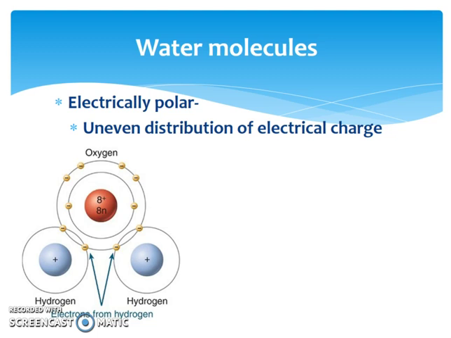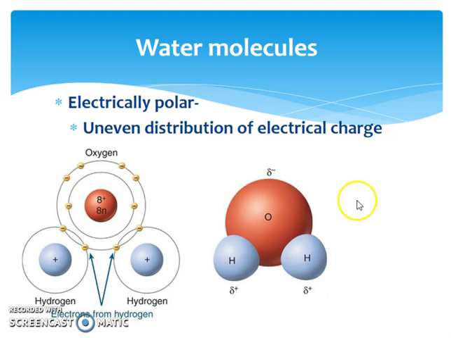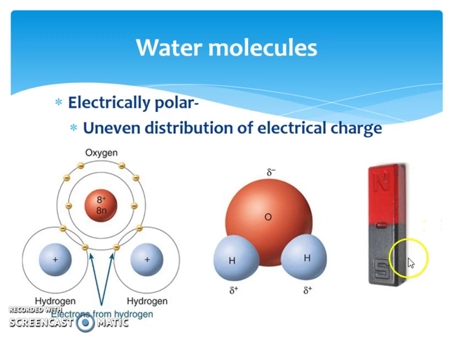If you were to draw a picture of a polar molecule, this is a great example. You see my oxygen that is partially negative and my two hydrogens that are partially positive. The word polar, we think of the poles, like the north and the south pole. It's just like a magnet, it's going to pull one side versus the other.